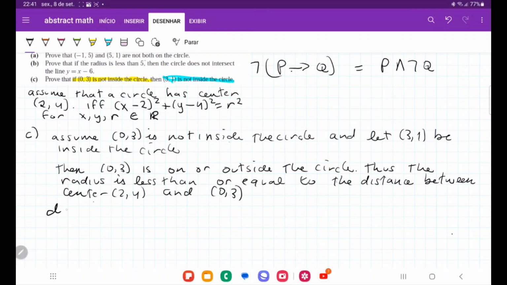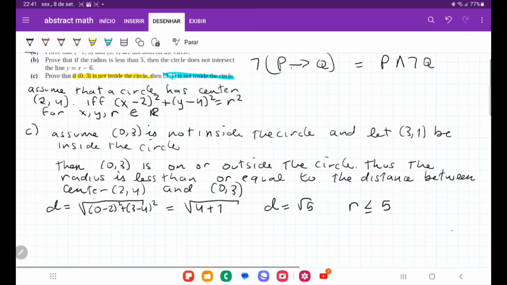So the distance is going to be equal to, let's see, the square root of 0 minus 2 squared plus 3 minus 4 squared, which is going to be equal to the square root of, let's see, minus 2 squared is 4, plus minus 1 squared is 5, and so the distance is equal to root 5. And so we can say here, therefore, that the radius is less than or equal to root 5. Okay, so that's one of the things.